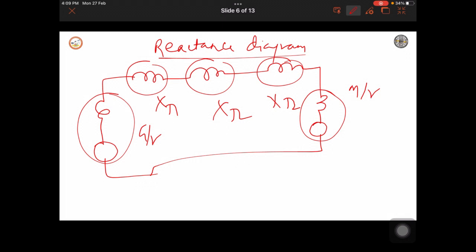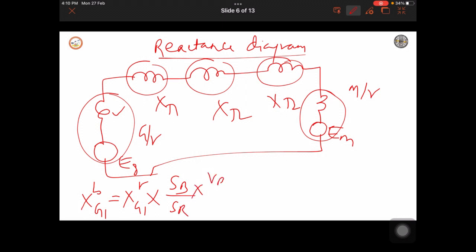We know the base values in the previous slide. So, this is Eg, this is Em, no need to find. So, we have to find the reactance of the generator 1 on common base is equal to the rated value into SB by SR into VR by VB whole square.